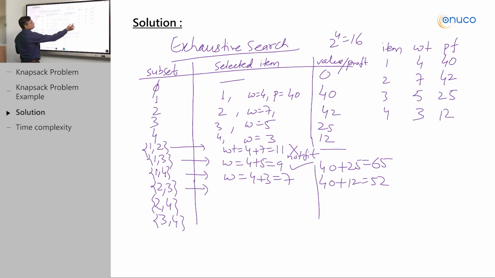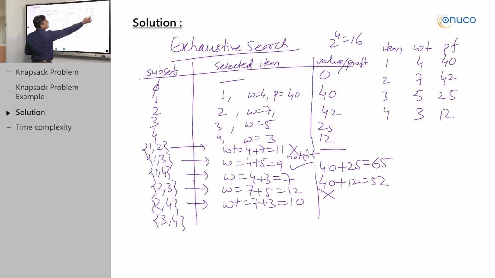2 and 3: weight is going to be 7 plus 5 is equal to 12. Not fit. Right? Second and 4: 7 plus 3, 10. It fits.